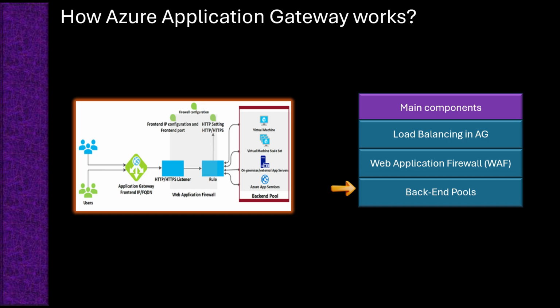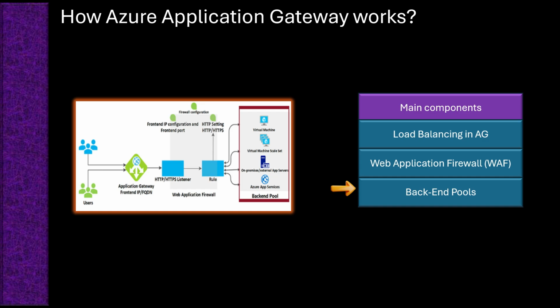Another component is backend pools. The backend pool is where the actual web server resides. It can consist of virtual machines, a virtual machine scale set, Azure App Service, or even a collection of on-premise servers. The load balancer in Application Gateway distributes the requests across the servers in the backend pool. When configuring backend pools, you specify the IP address or names of the servers. It's important that all the servers in a backend pool are configured similarly in terms of their security settings.